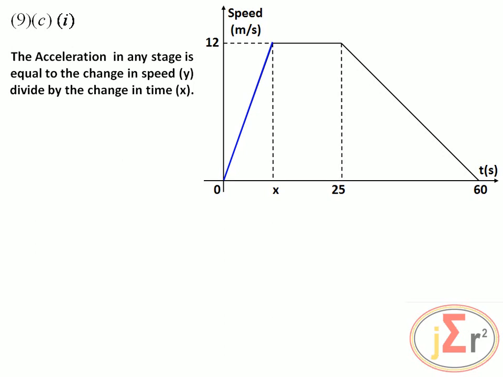It is not actually x and y in this particular case, but we are just making an analogy. So the acceleration is the change in velocity over the change in time, or the change in speed over the change in time. Speed and velocity are not the same, but we may use them interchangeably under these circumstances.